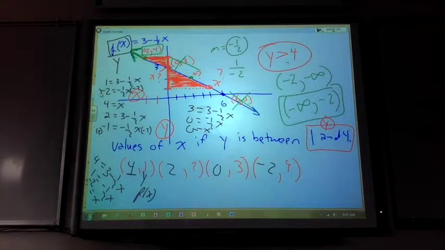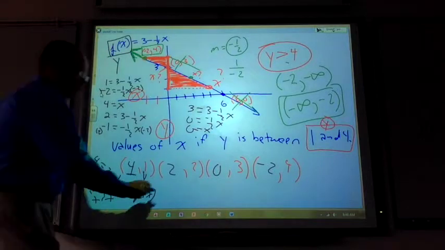So, what are the values of x if y is between 1 and 4? Okay, now does it include the decimals and everything else in between those? So what's my smallest x value that's up there?